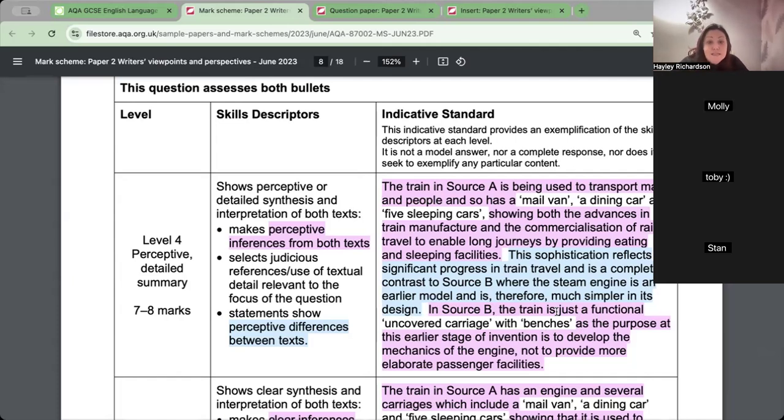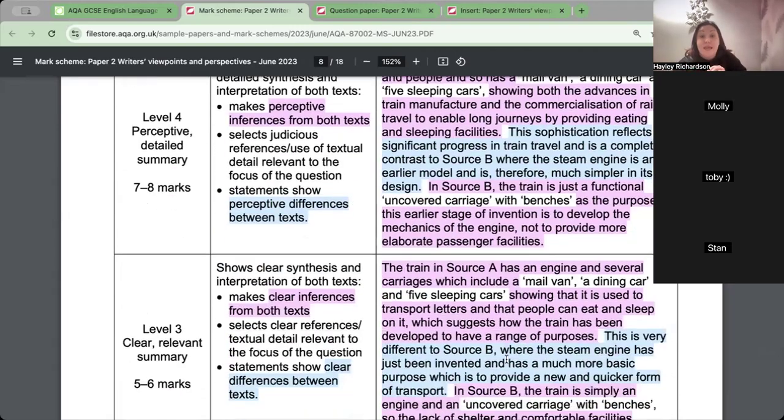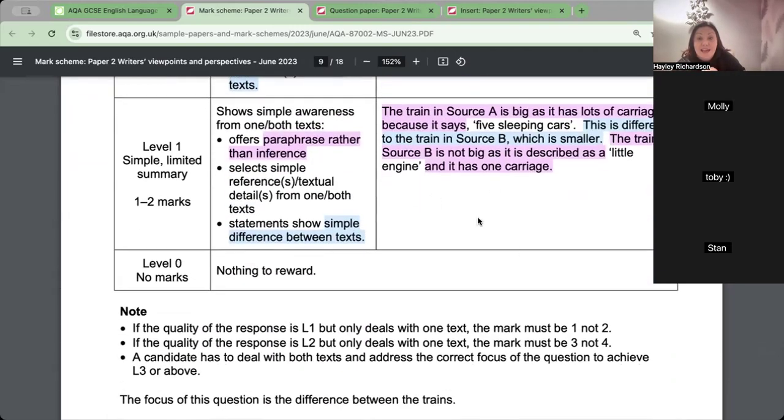Okay. Statements show perceptive differences between the texts. So it's perceptive because it's looking at the science of the two things, and then it's saying, okay, what impact does that have on the wider world? Remember, we were talking about this. You're not just talking about here, it's Google Earth, isn't it? Here is, what does the text say?